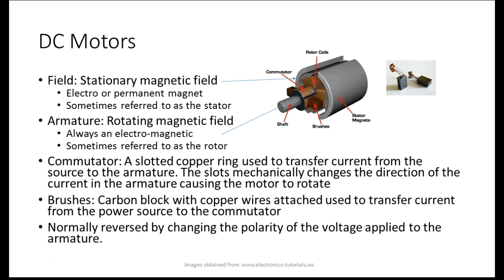Technically, the rotating part of a DC motor is called the armature, and the stationary part is called the field. The stator is a term we use for AC motors, right? You understand that?